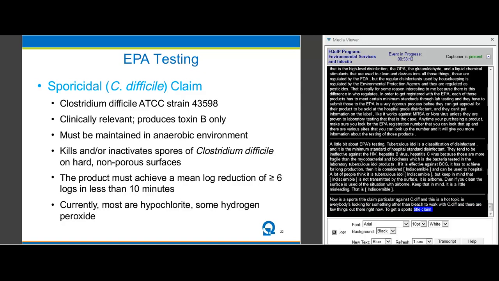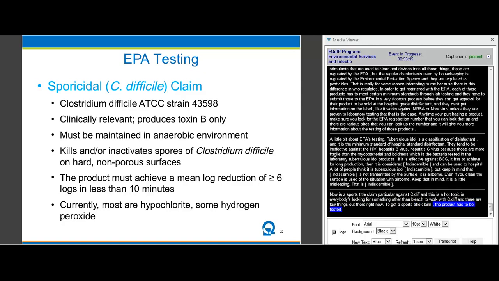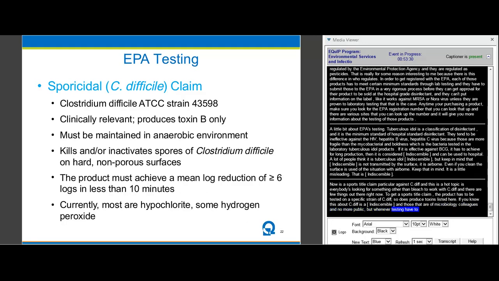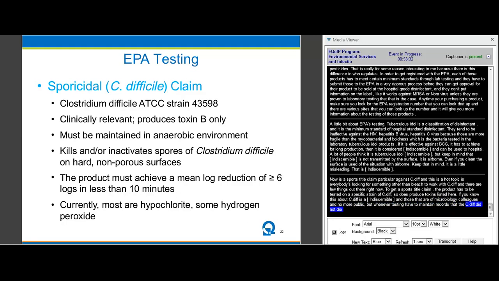It's listed here. And if you know this about C. difficile, it is an obligate anaerobe. Those of you, my microbiology colleagues, know more about it than I do. But when they're testing, they have to maintain records that the C. diff didn't die as a result of being exposed to an aerobic environment. So it's pretty rigorous.